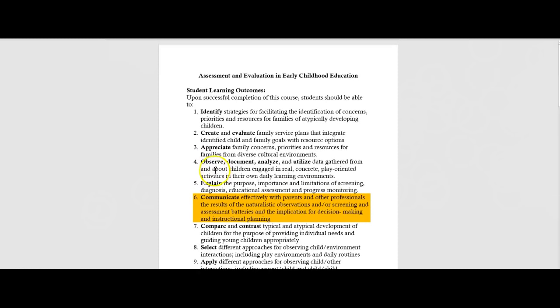For example, I would want them to know how to observe, document, analyze, and utilize data gathered from and about children engaged in real, concrete, play-oriented activities in their own daily learning environments. Now you can see how what I just explained to you that's in chapter 6 relates to this particular outcome as well.